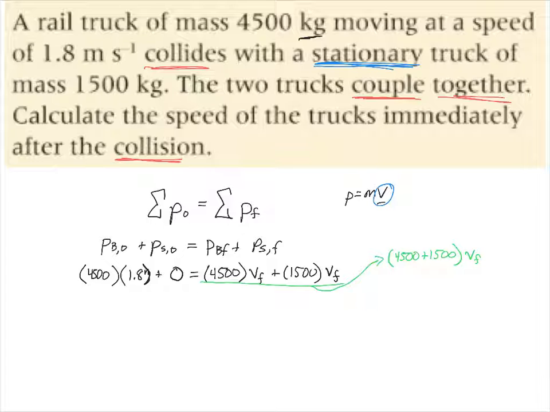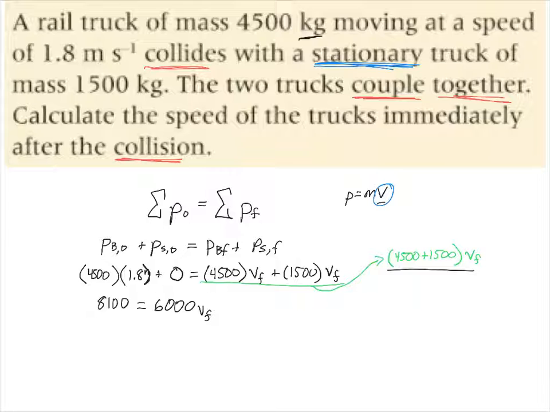At this point, I'm ready to start plugging things into my calculator, which I have right here off screen. So I'm going to go 4,500 times 1.8, which is going to give me 8,100, plus 0 equals 4,500 plus 1,500, which gives me 6,000, times the final velocity, which is the same thing that we would have gotten right here.